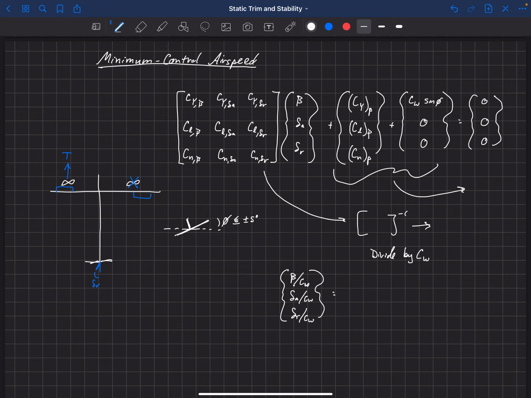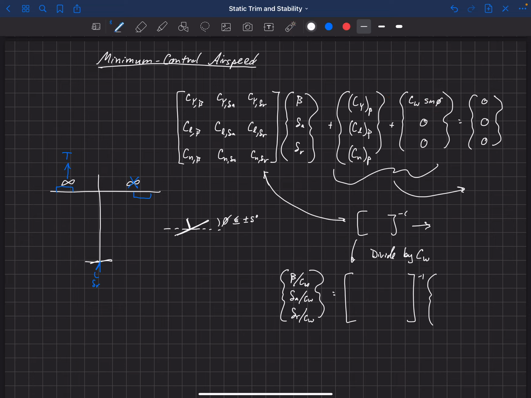And that's equal to this matrix right here that we've inverted. I'm not going to write out all the components. It's the inverse of that matrix multiplied by, now I've divided this stuff here by the weight coefficient.